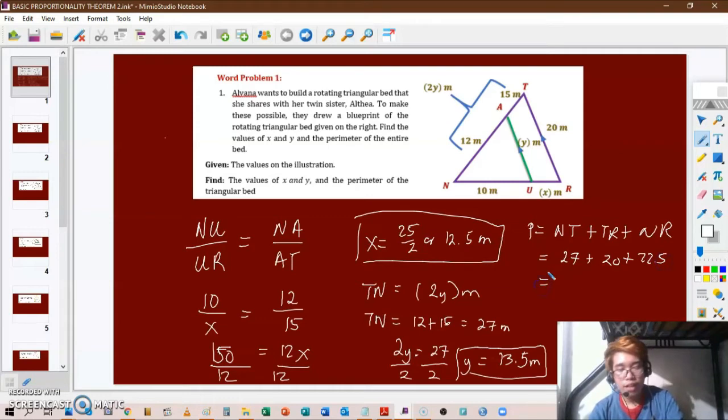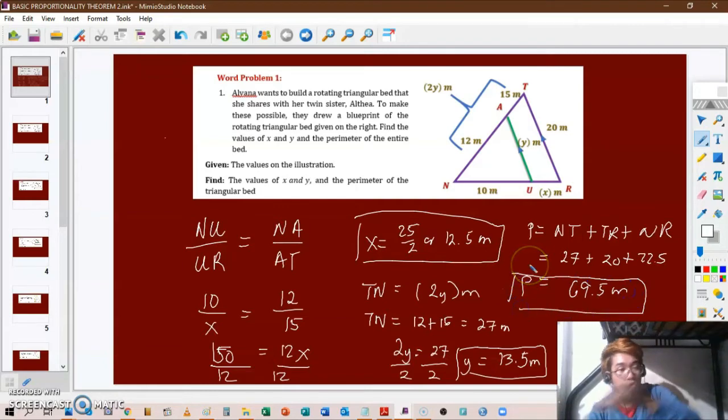If we add 27 plus 20 plus 22.5, we get 69.5 meters. That's the perimeter of the rotating triangular bed, which is a very large bed.